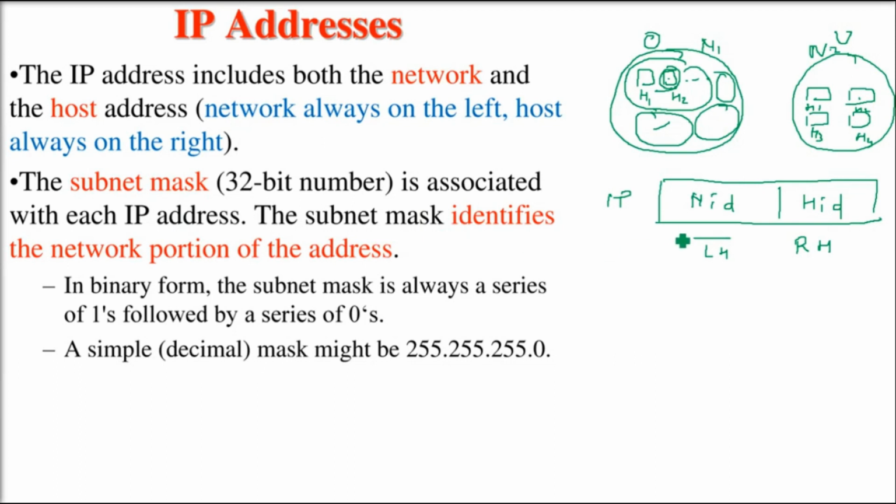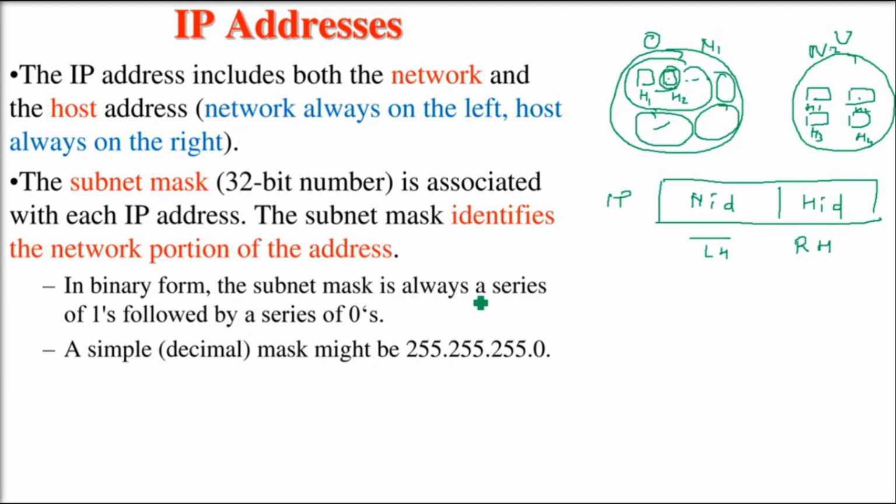The subnet mask identifies in this whole block which part is the network portion and which part is the host ID. So if you are given a 32-bit number, how are you going to find out the network ID and host ID? For that, you need a subnet mask. The work of the subnet mask is to give you, from a bit stream, the network portion.